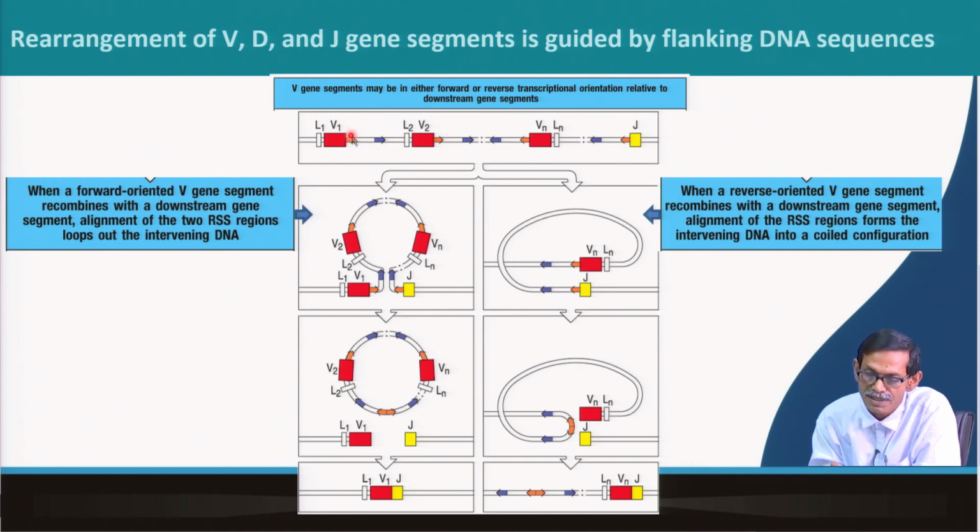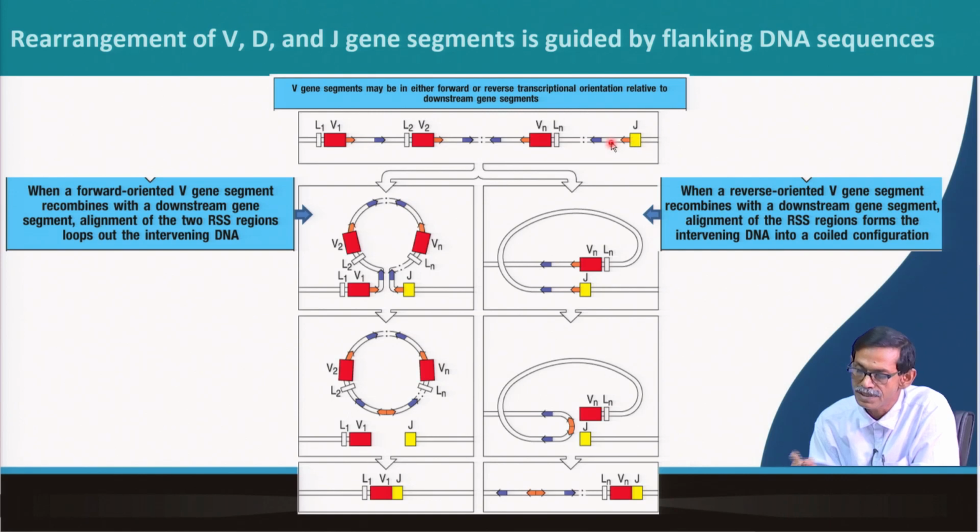So, what is happening: the V region is immediately flanked by a heptamer, then a spacer, then a nonamer, then a spacer, then again another variable region, then heptamer, spacer, nonamer, and it gradually goes on. Okay. And there is a J which has the signal of heptamer and nonamer in reverse.